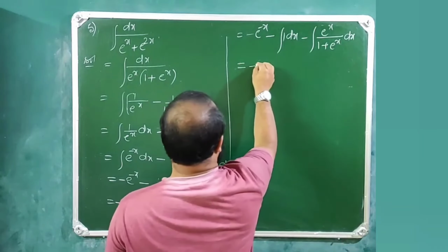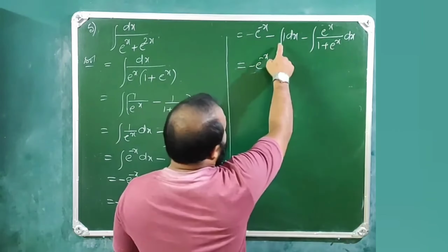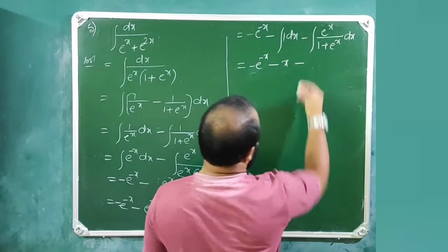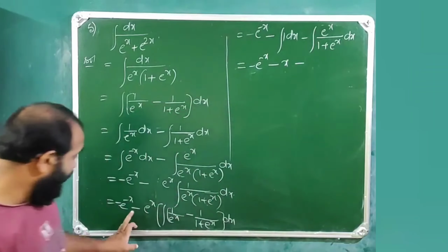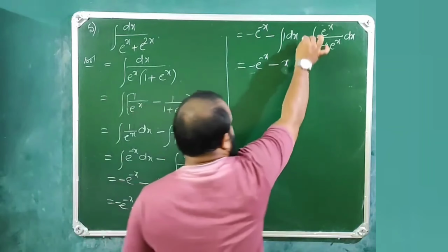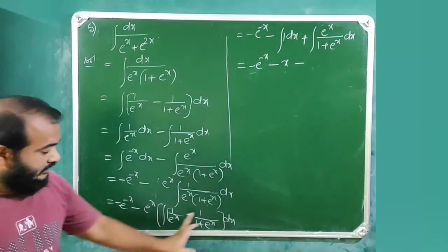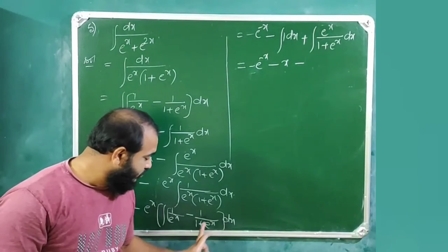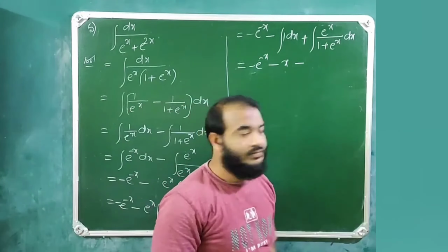So this is minus e power minus x minus, here 1 dx is x, minus, so here minus into minus is plus, e power x into 1 is e power x by 1 plus e power x integral dx.